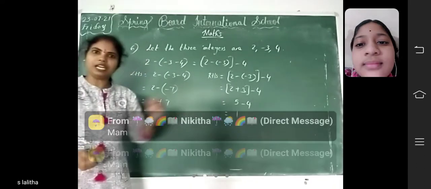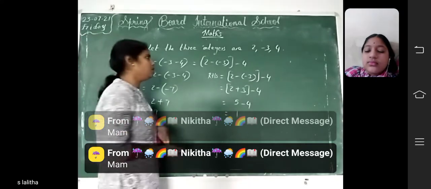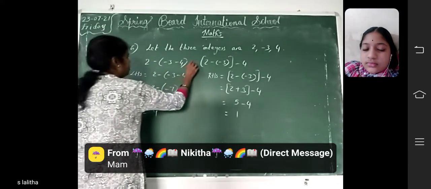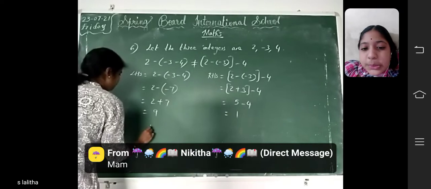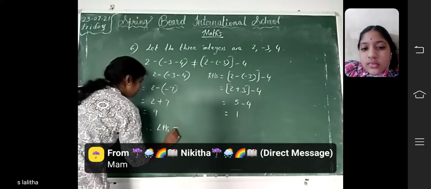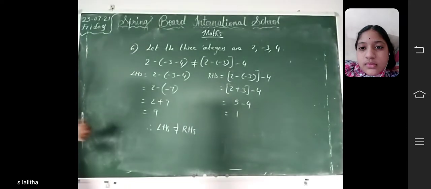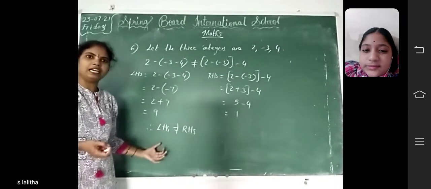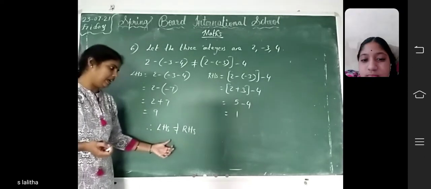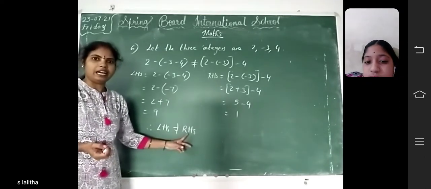So here LHS is 9, RHS is 1. Are both equal, children? No. So both are not equal. Therefore LHS is not equal to RHS. LHS means what? Left hand side. RHS means what? Right hand side.